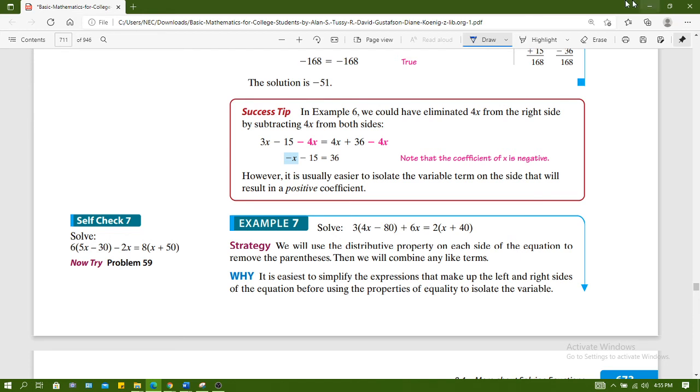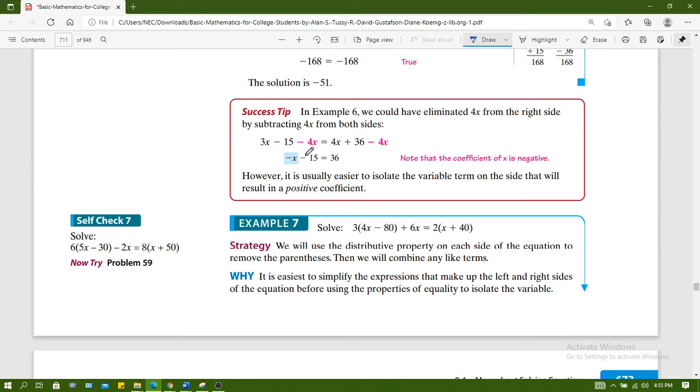Okay, so in example 6, the previous example, we would have eliminated 4x from the right side by subtracting 4x from both sides. So kung giingon ganina, kung gi-emphasize ka ganina, na nganong ang 3x atong gi-minus bisan mahimo nga naa sa right side ang coefficient, ang variable. That's because mahimo siyang negative diri.